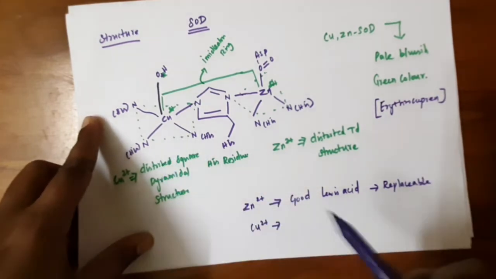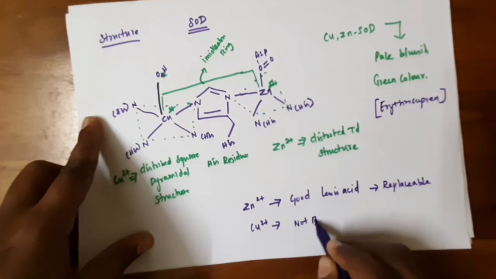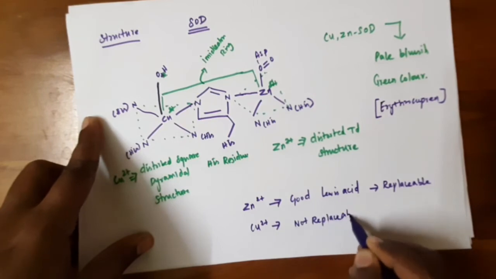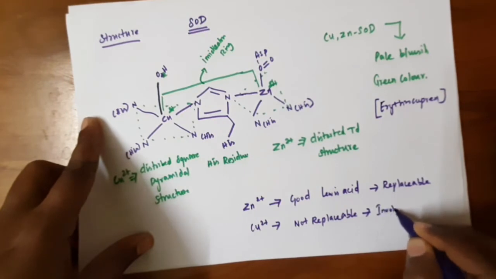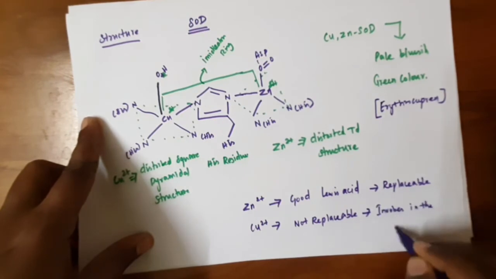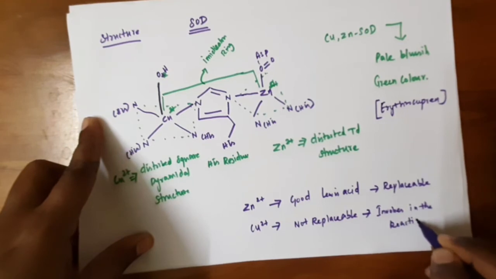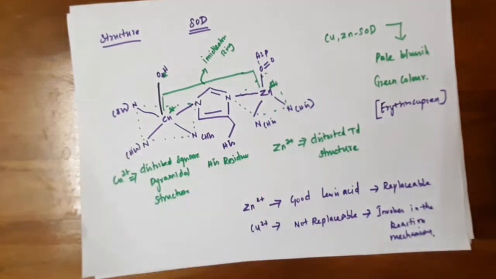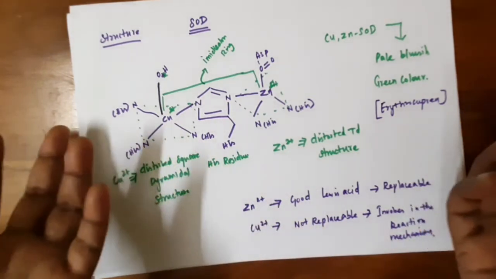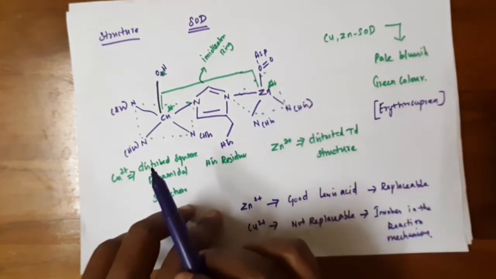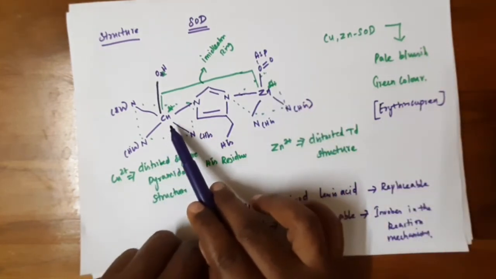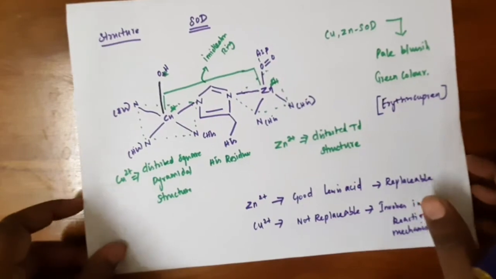But this copper 2 plus is not replaceable because it is involved in the reaction mechanism. So you can convert to other structures by replacing this zinc with other metals, but the copper cannot be replaced because it is involved in the reaction mechanism. So let's see the reaction mechanism.